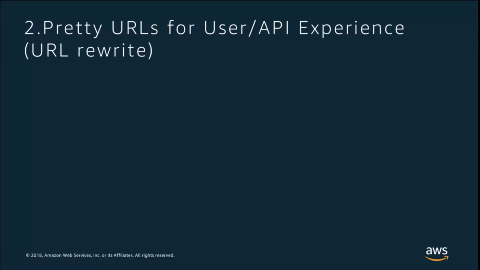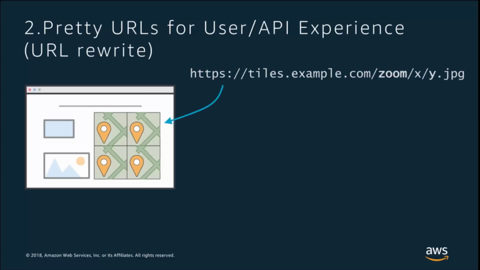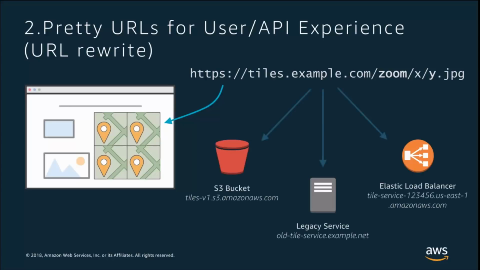Another use case I want to share with you is rewriting URLs. So a popular example here is map tiles. There's some well-defined format on how a map tile should look. But in the backend, you could be using any origin or multiple origins for various different reasons.